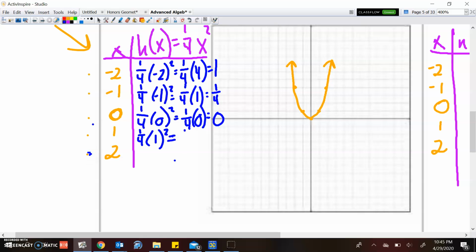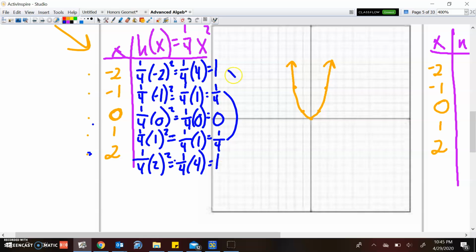So I just like to go through it. It's good math practice, plus it's a good double check. Similarly, 2 squared is 4, so now I have 1/4 times 4, and 1/4 times 4 is 1. Same answer, so it's a nice little check.